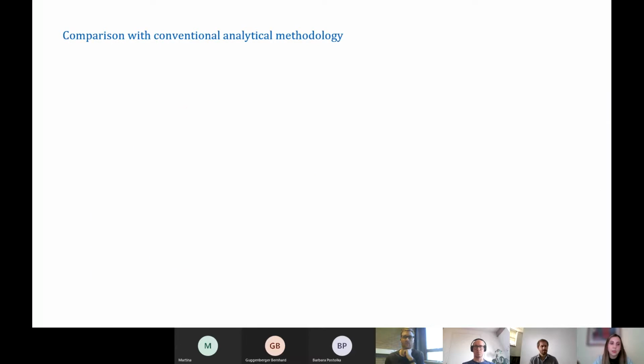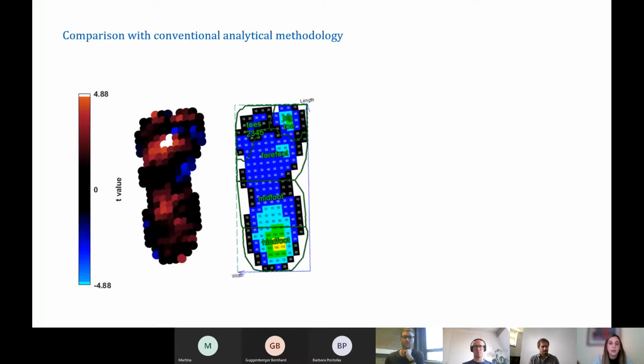These results were never reported before, so they're pretty unique. The reason why nobody has ever found these patterns is probably the methodological approach used so far. As I said at the beginning, regional masking analysis is the conventional approach for plantar pressure studies.